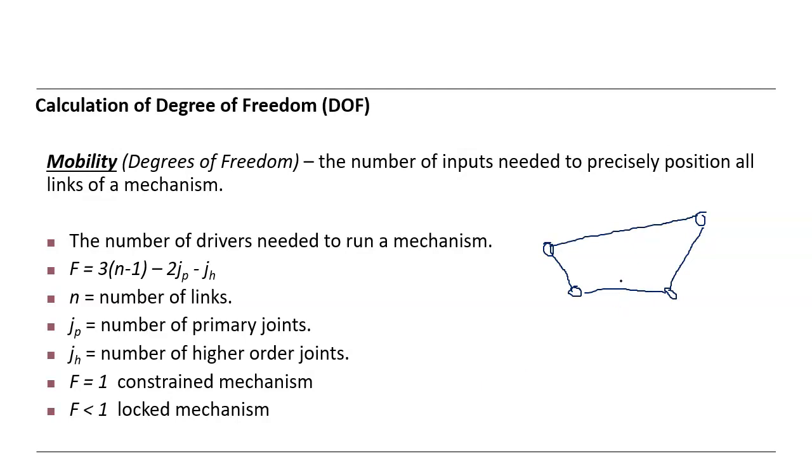I'm going to fix the first one. This is the first, this is 2, 3, and 4. So I fix the first one, which means I create a mechanism from this chain.